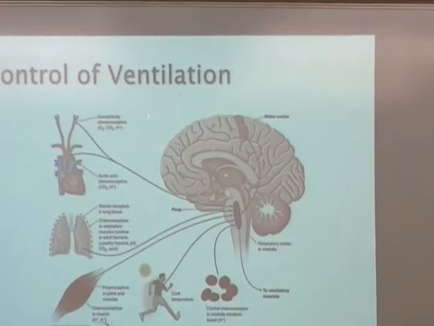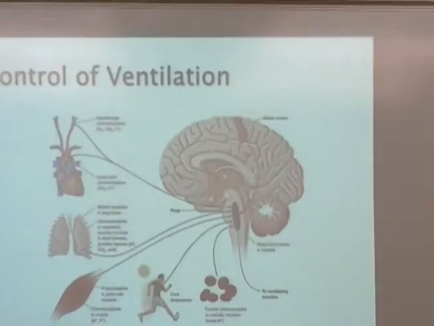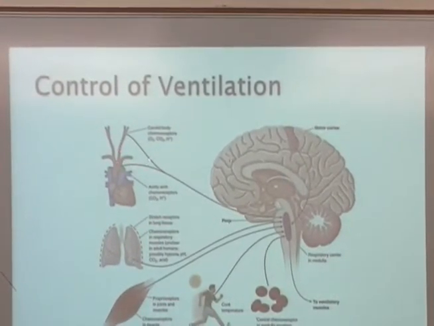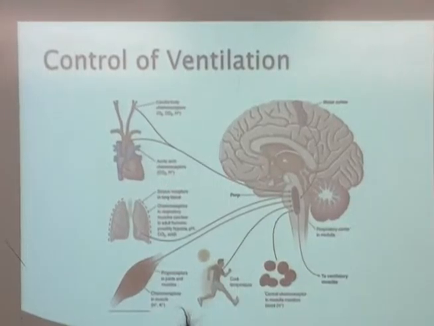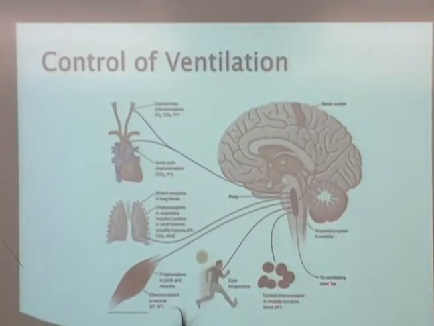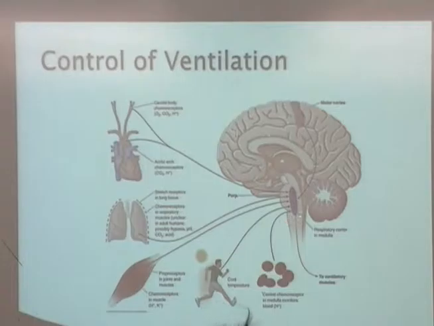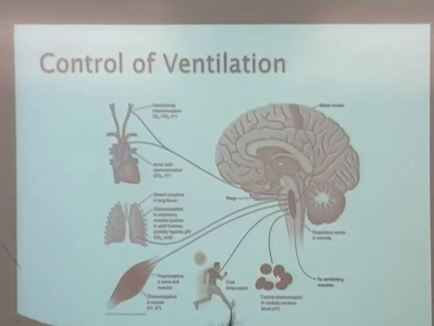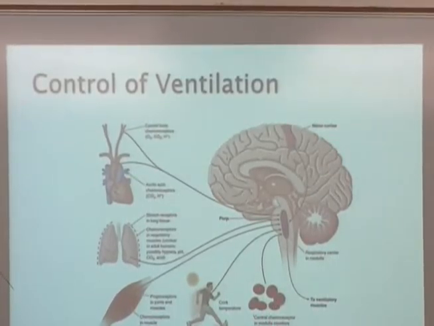When you look at ventilation, most of the mechanisms that are involved in ventilation are subconscious, right? You're not aware of chemoreceptors, pressure receptors, right? The respiratory center in the medulla in the brain gets sent messages from all these chemoreceptors.